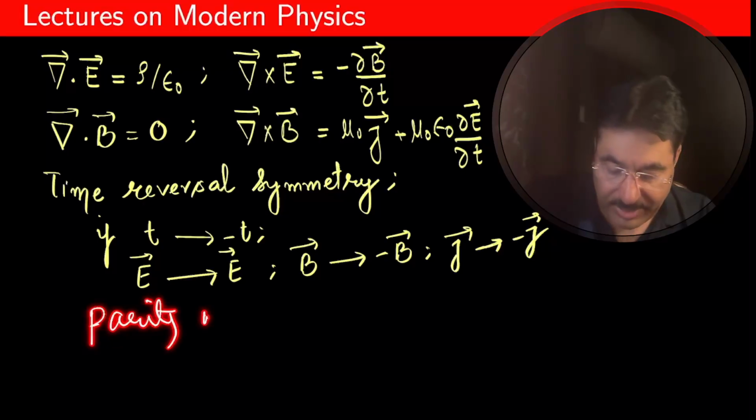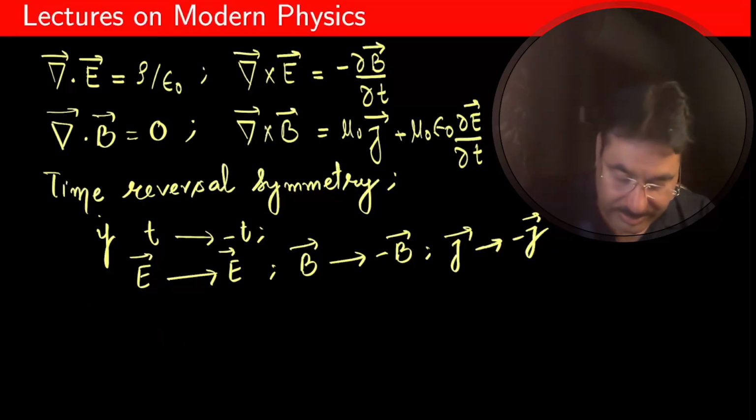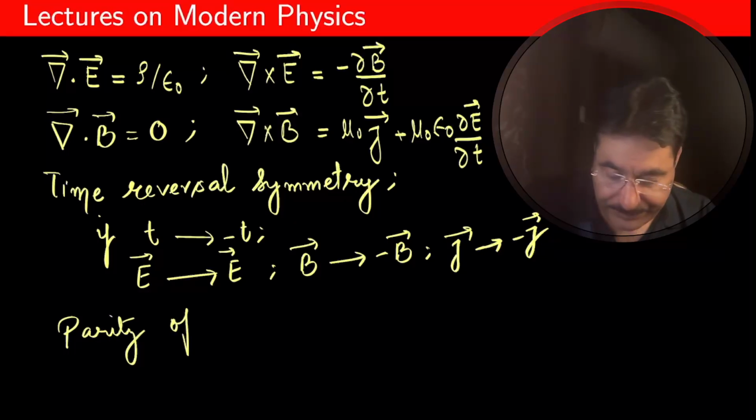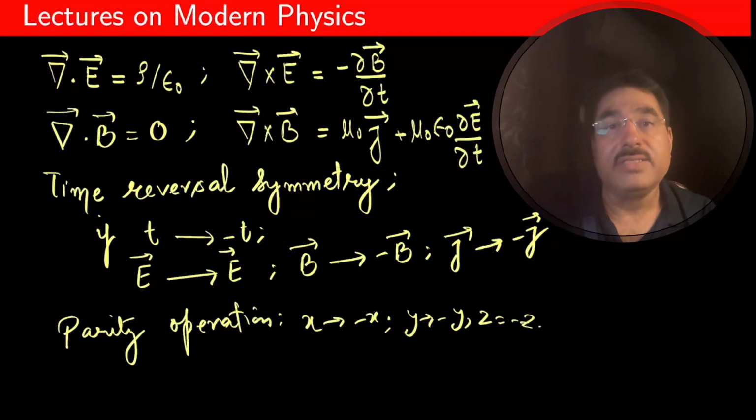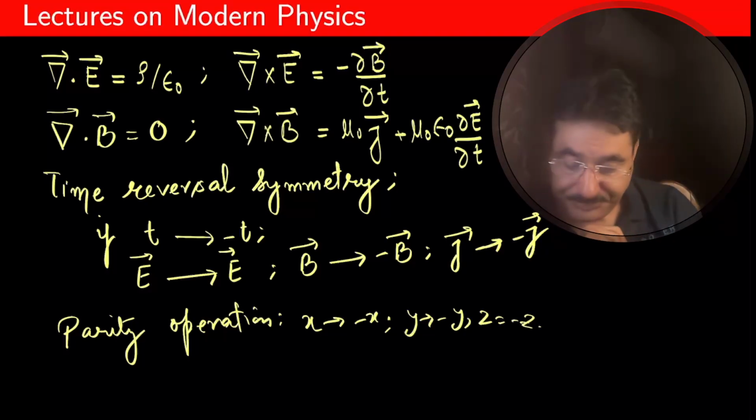Parity operation would mean, I'll just write it down, x goes to minus x, y goes to minus y, and z goes to minus z. This is parity operation.